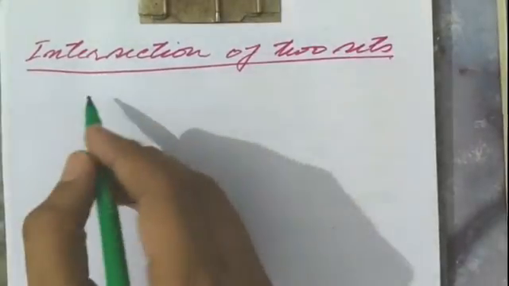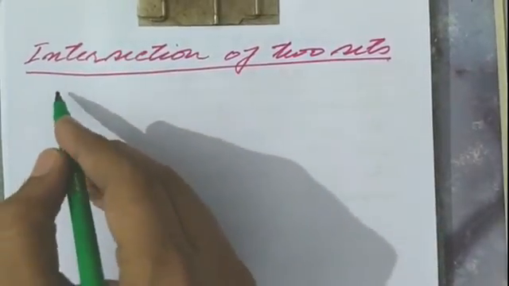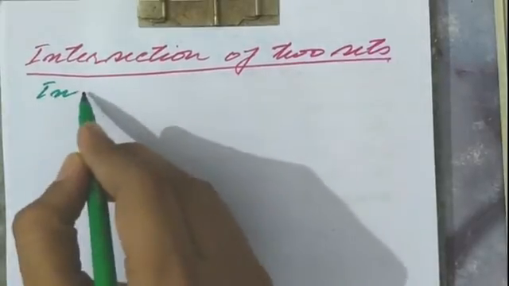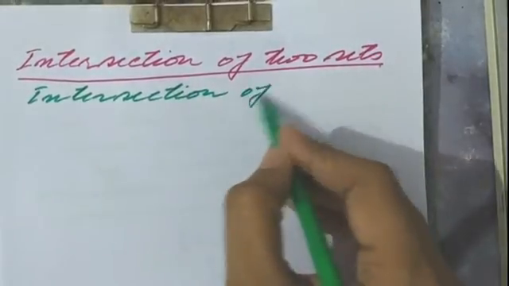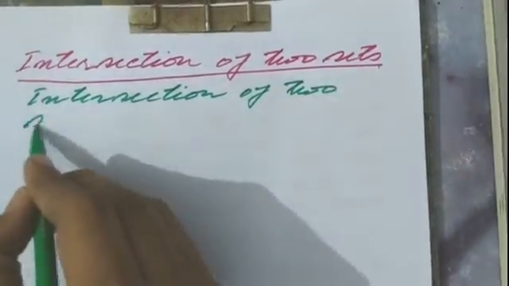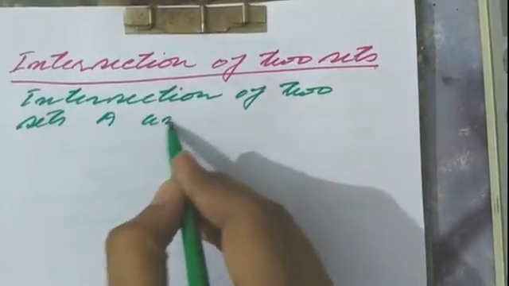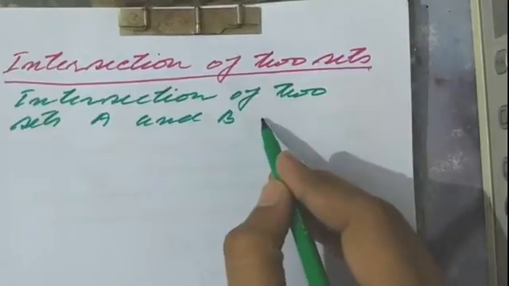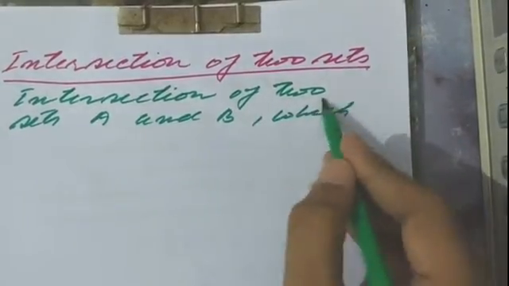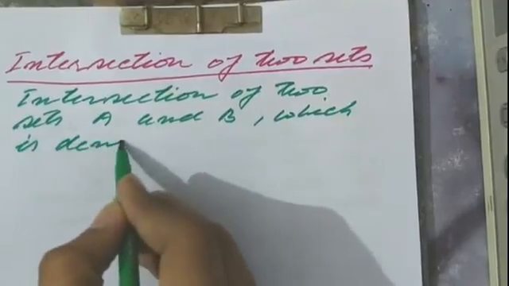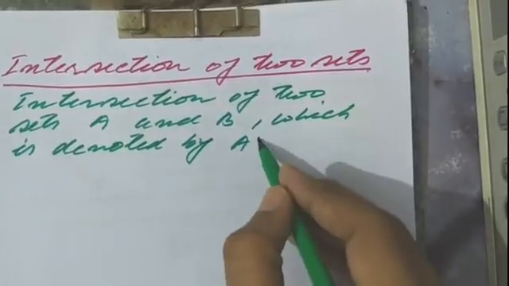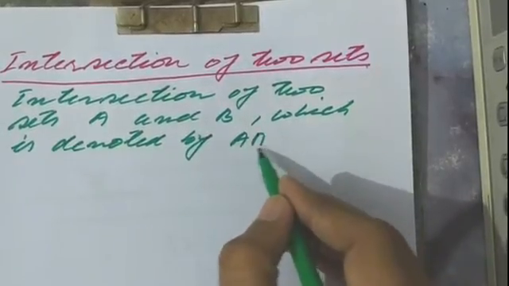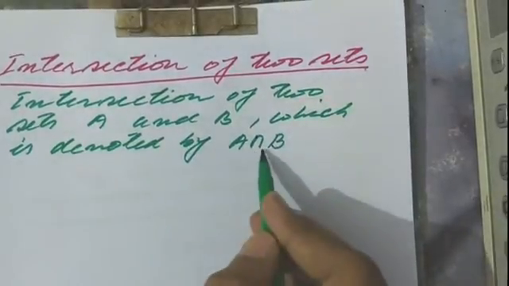Now the second operation on two sets is intersection of two sets. So let us define it first. The intersection of two sets A and B, which is denoted by an inverted U, is called intersection. This symbol indicates intersection.